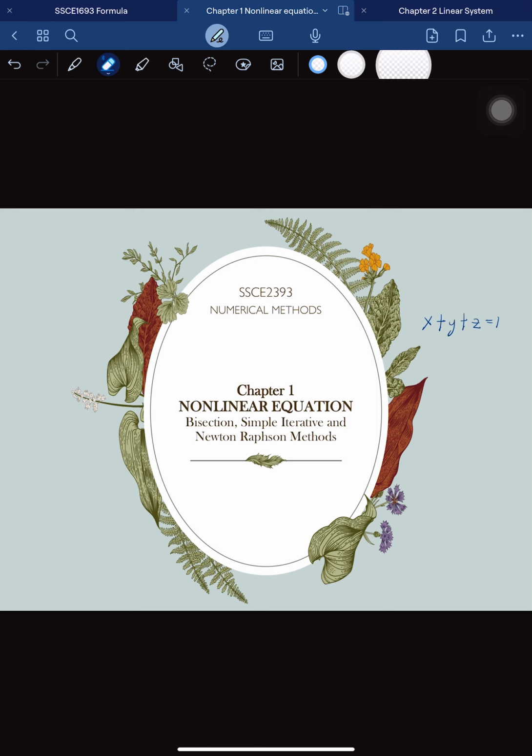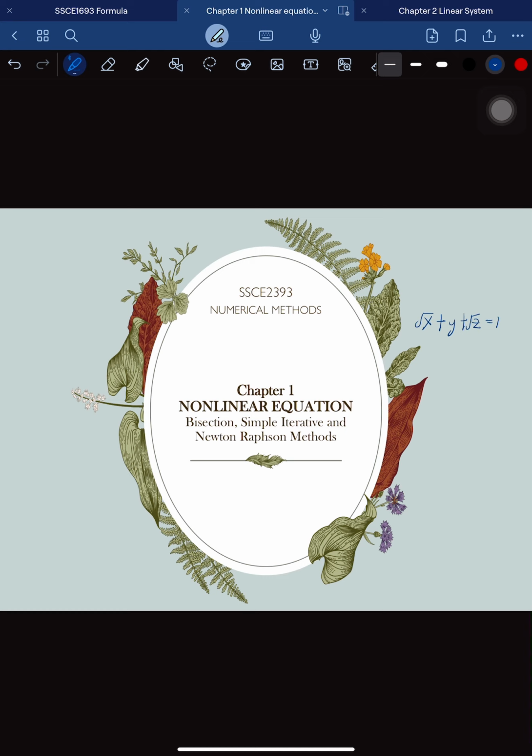But other than the power of 1, this is a non-linear equation, including if we have a square root. Let's say this one, square root. Because for a square root we know the power is 1 over 2. So these are the types of non-linear equation.